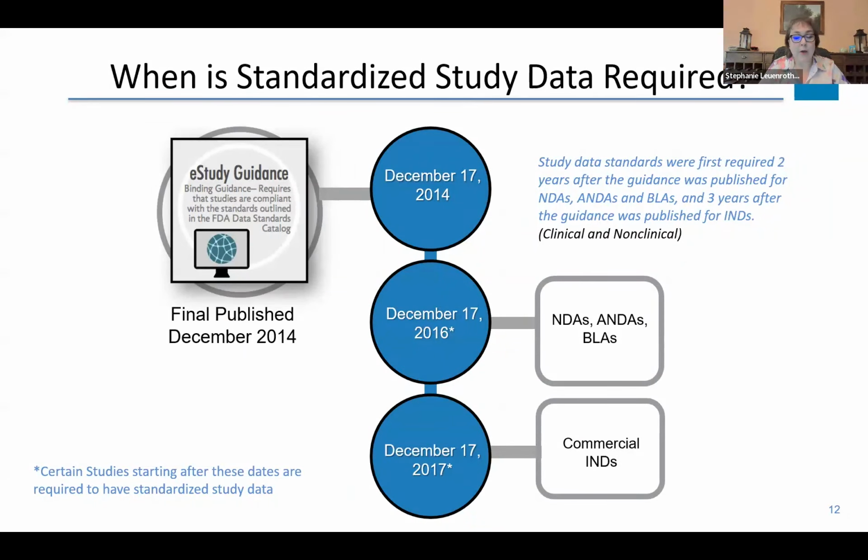The very start of the data standards requirement would begin for those studies started after December 17th, 2016, when you're talking about marketing applications, and after December 17th of 2017, when you're talking about commercial INDs.